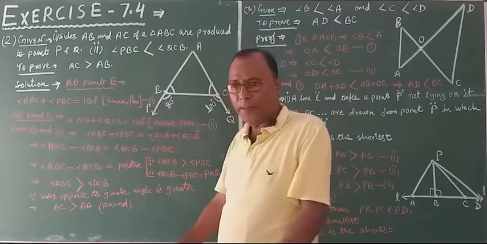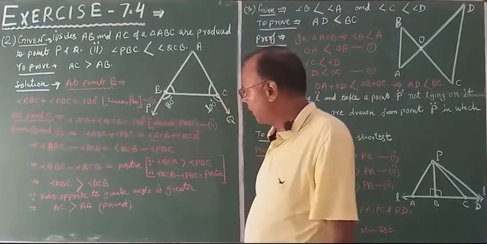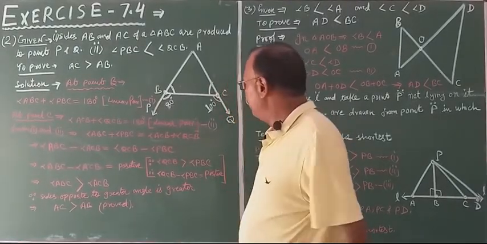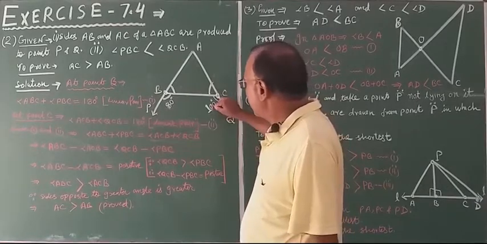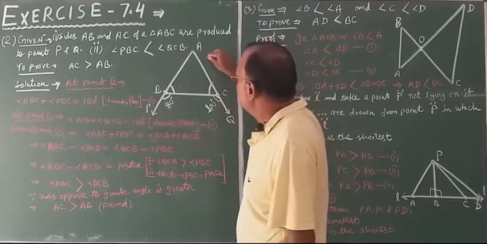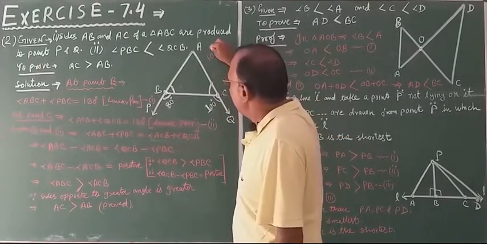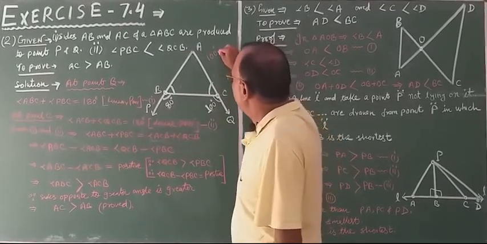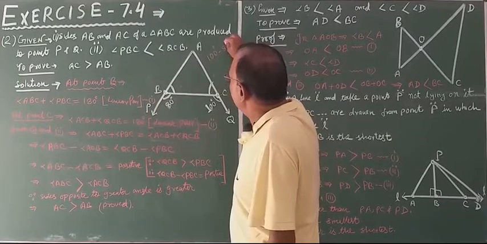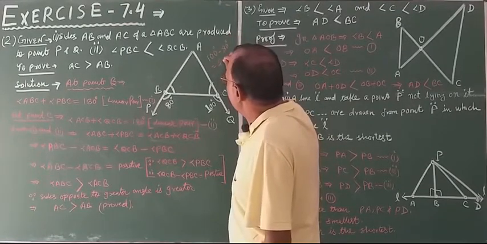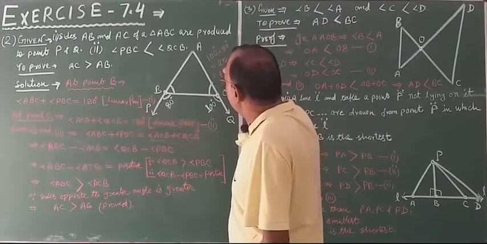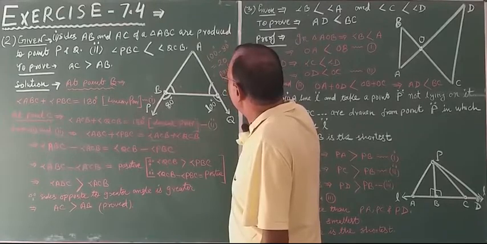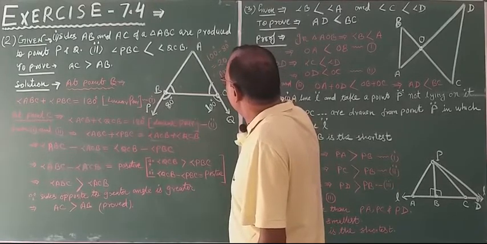Is it okay? Now just look here. QCB, how much have I taken it? 100. And how much did I take PBC? 80. This is how much? 20, which is a positive number.